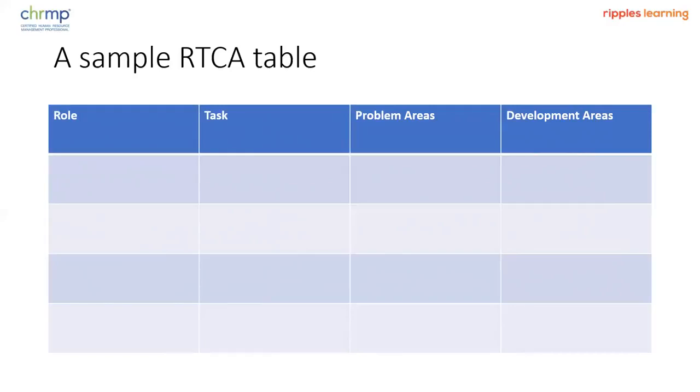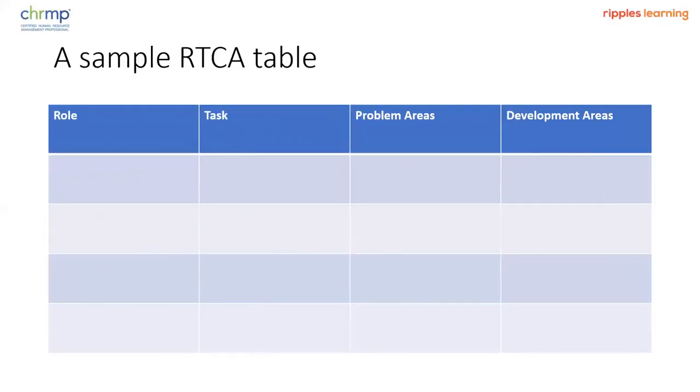So just saying that leaders must need training in delegation and performance management doesn't always cut it, because it's full of assumptions and perceptual errors, which makes it difficult to run, right? So the first, simplest, fastest, quickest method of doing training needs analysis is to do an RTCA.